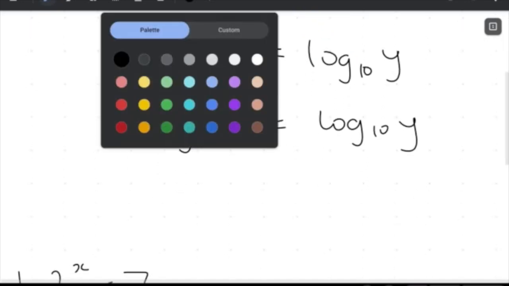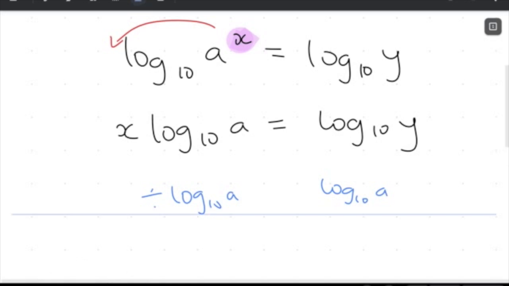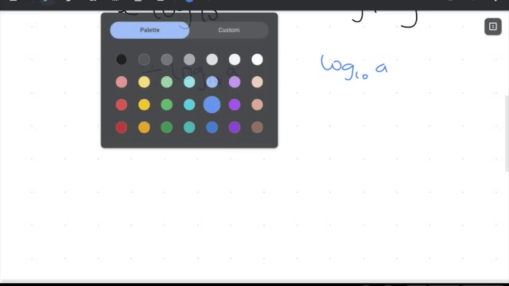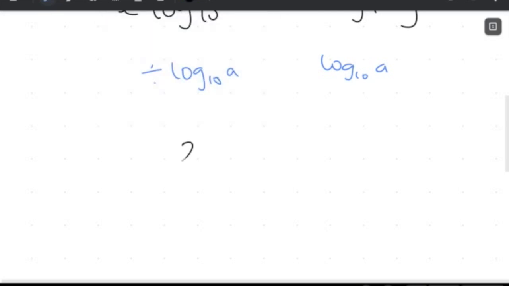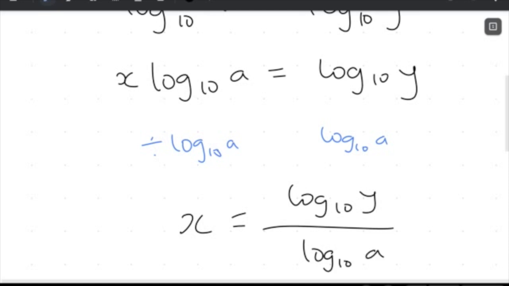Now, because x is multiplied by log to the base 10 of a, to get the x on its own we're going to divide both sides by log to the base 10 of a. What we get is x on the left-hand side, and on the right-hand side, log to the base 10 of y over log to the base 10 of a.